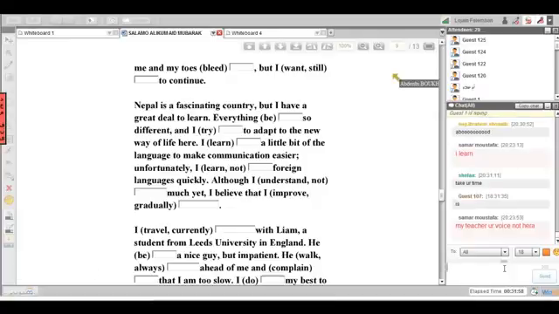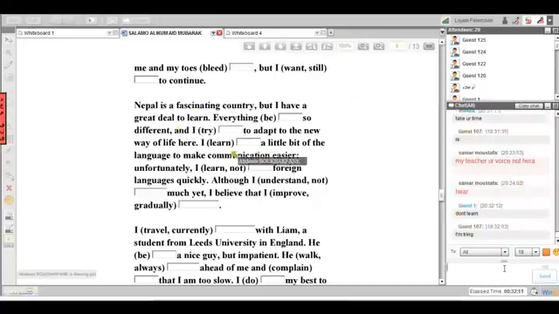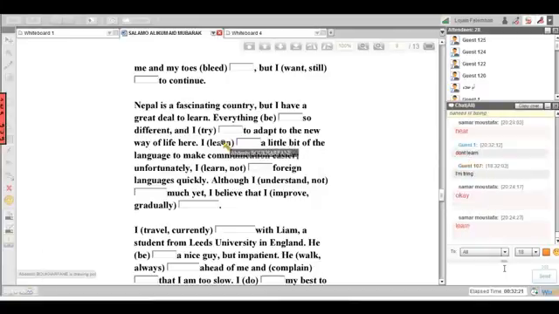Okay, another answer. Does everybody agree with I'm trying? Tried, so this is simple past. Magdi Said, I'm trying. You've missed a Y in there. Okay, the answer is I'm trying.